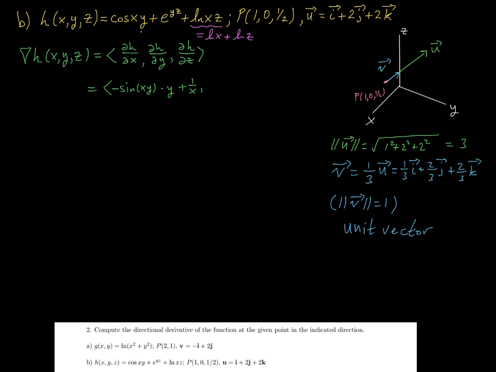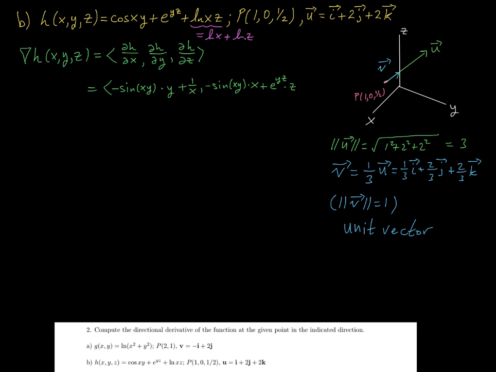The y derivative is pretty similar. We're going to have our minus sine of xy times the derivative of what's inside with respect to y, and that would be x. And then for the exponential part, I'm going to have plus e to the yz, times the derivative of yz with respect to y, and that'd be a z.